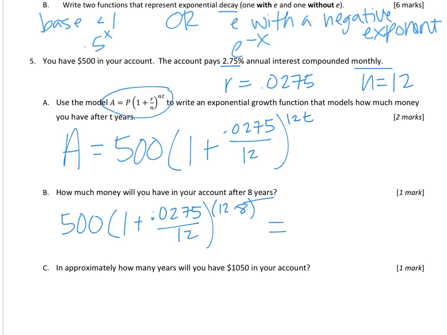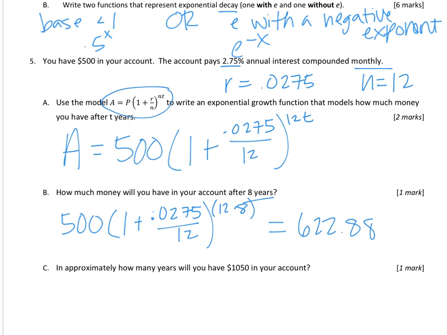So 1 plus 0.0275, and then raised to the 12 times 8 power. Yeah, and I got 622.88.